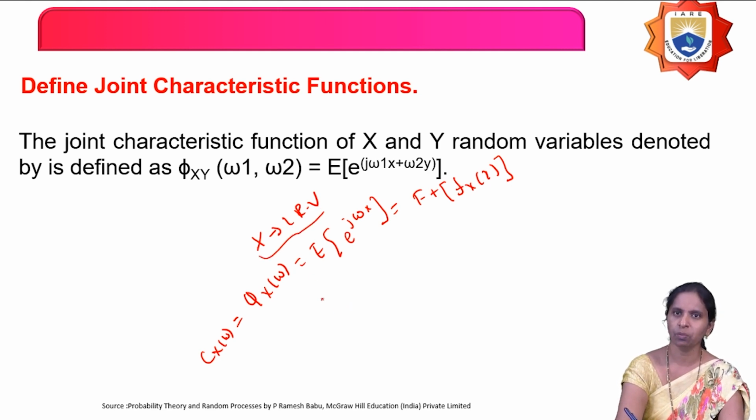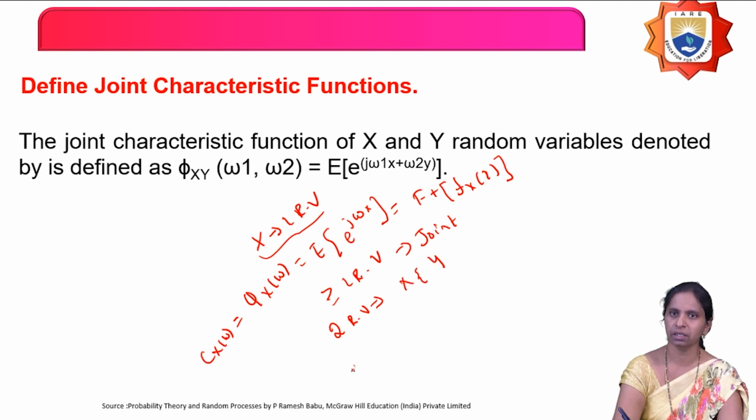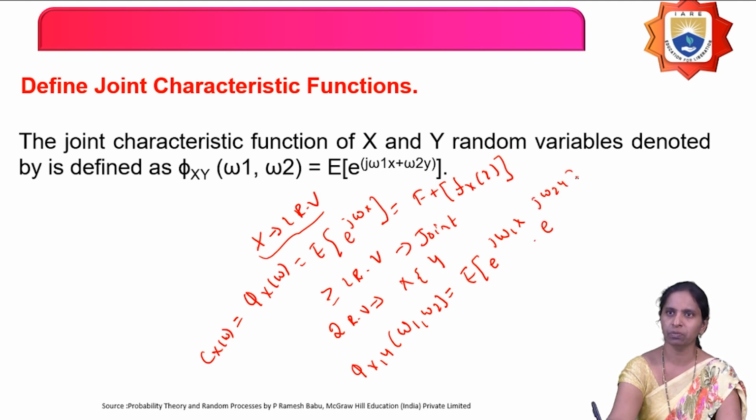Now, if you have more than one random variable, it is called the joint characteristic function. For example, I have taken two random variables x and y. Then the joint characteristic function of the two random variables is given by phi xy of omega 1 comma omega 2 is equal to the expectation of e power j omega 1 x into e power j omega 2 y.